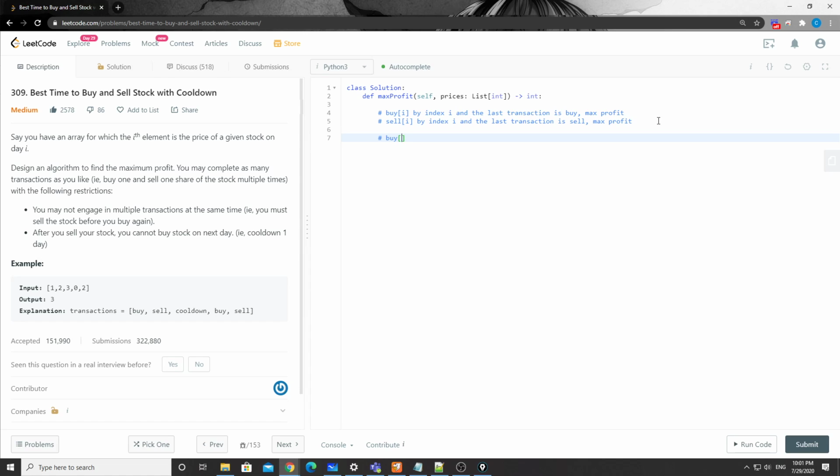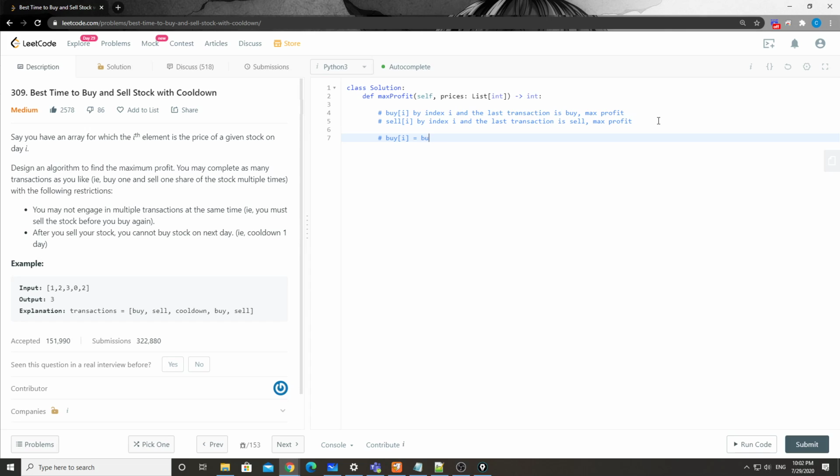For buy, for the current buy, how many options do we have? At the current buy, we can either do nothing. Basically, we just don't buy or don't sell, we just stay the same.